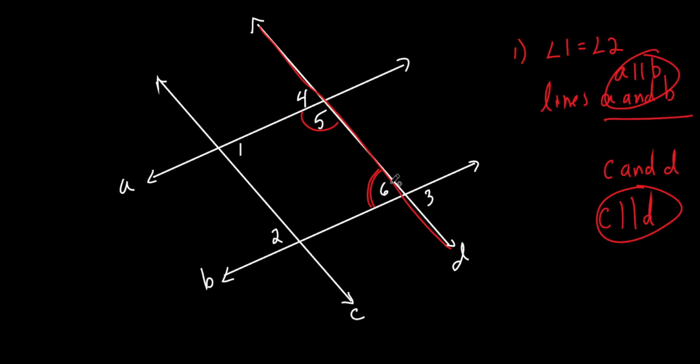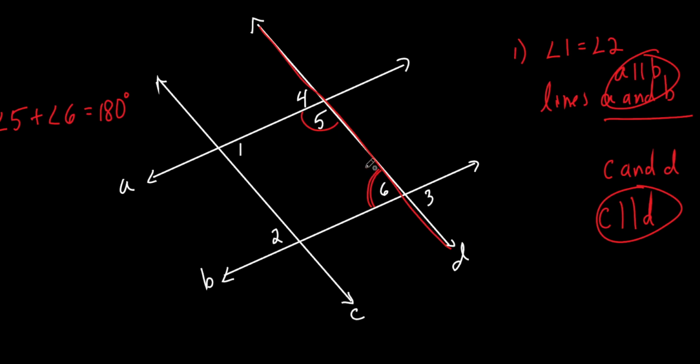So if 5 plus 6 added up to 180, that must mean that these are consecutive interior angles, and if they are supplementary, then what must be true? The two lines, A and B, must be parallel. Yep, so A and B would be parallel. If I knew that angle 5 plus angle 6 added up to 180, that must mean that A and B have got to be parallel.